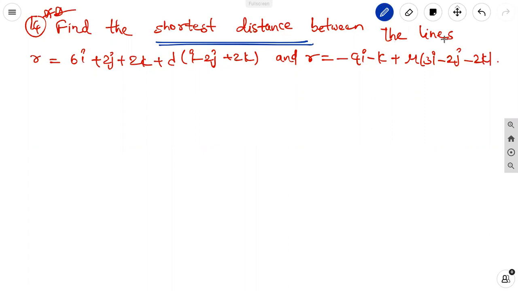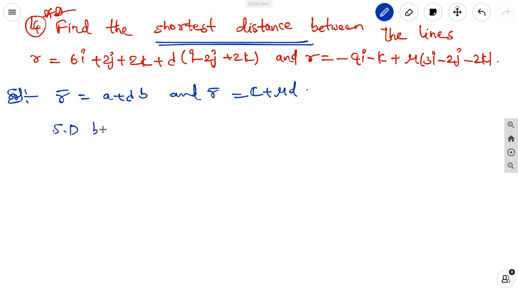Find the shortest distance between the lines r vector equal to A plus lambda B and r vector equal to C plus mu D. If the vectors are in that form, then the shortest distance between the two lines is equal to the volume determinant of AC, B, D divided by the modulus of B cross D.